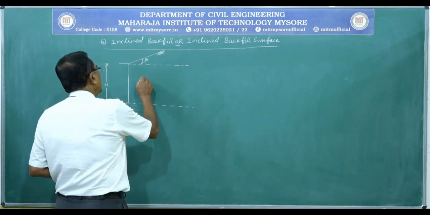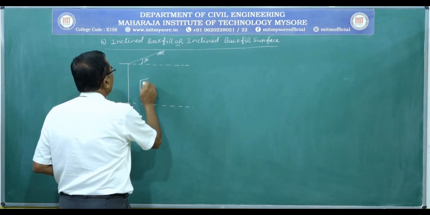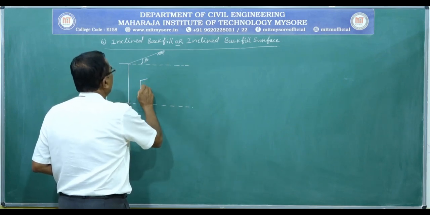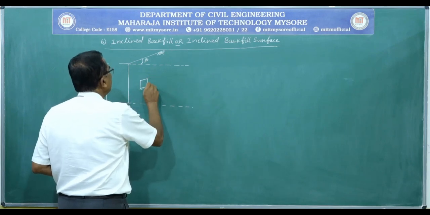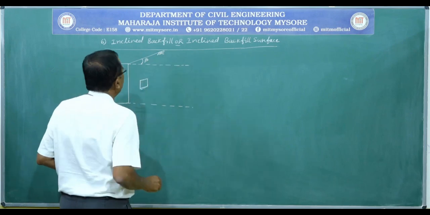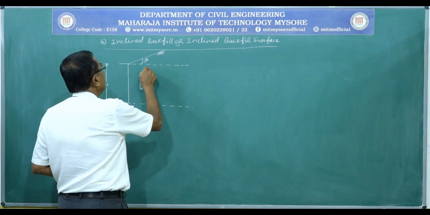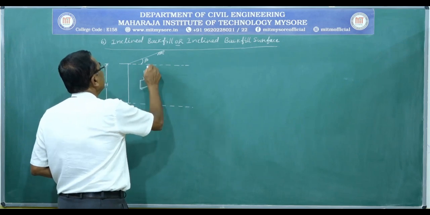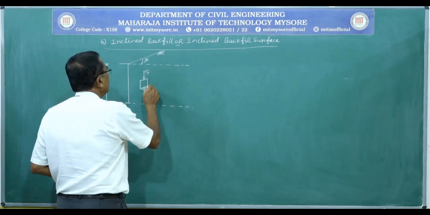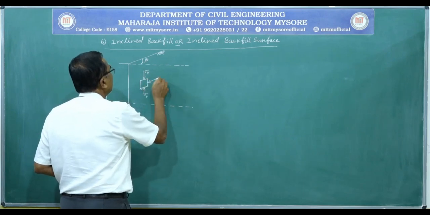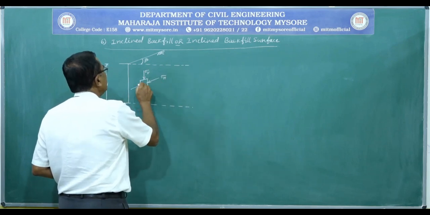If we consider an elemental portion at the backfill, so this is an elemental portion, and we consider the top and bottom sides parallel to the inclined surface, sigma v, then sigma h.